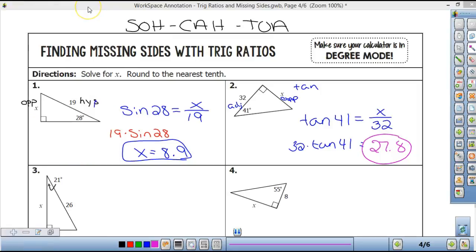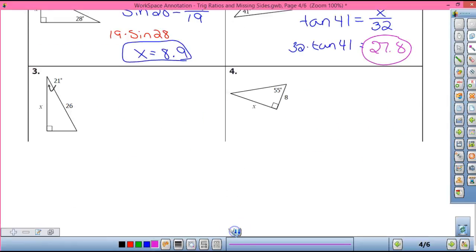Okay, so next one. 26 is the hypotenuse. X is adjacent. So which ratio uses adjacent and hypotenuse? Cosine. So cosine of 21 equals adjacent over hypotenuse 26.